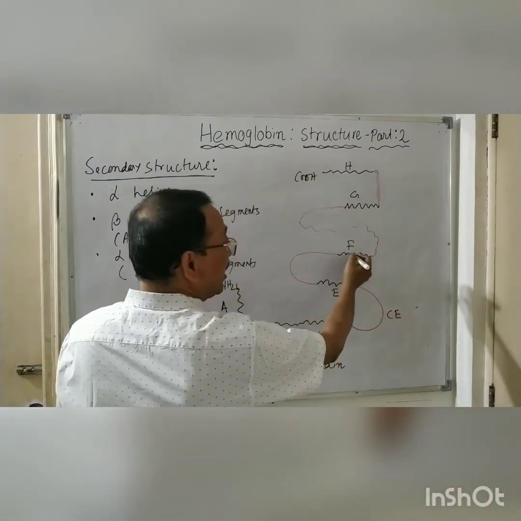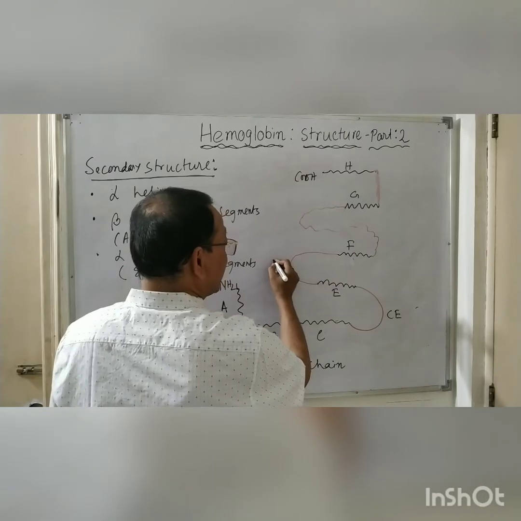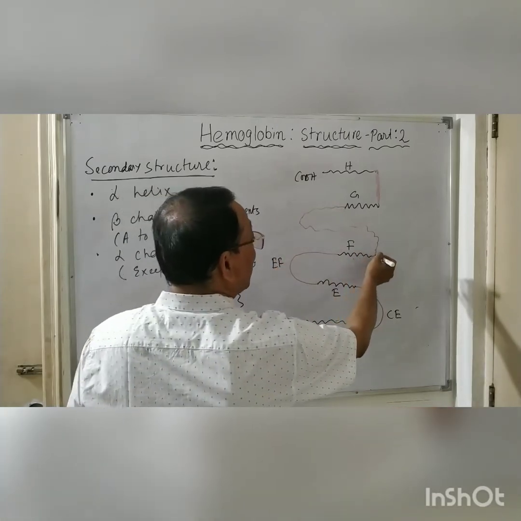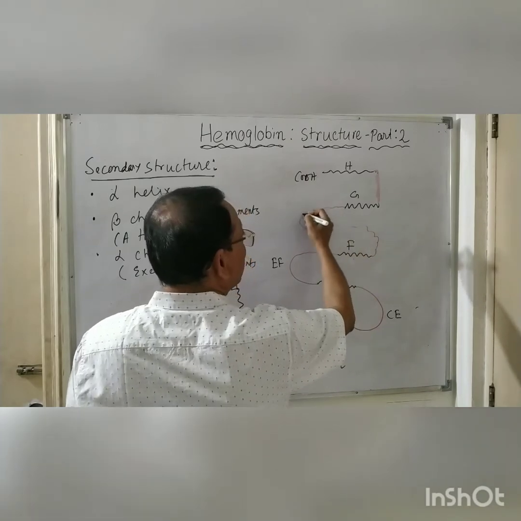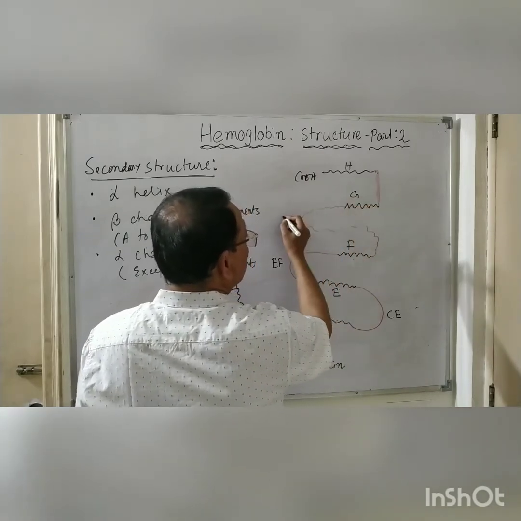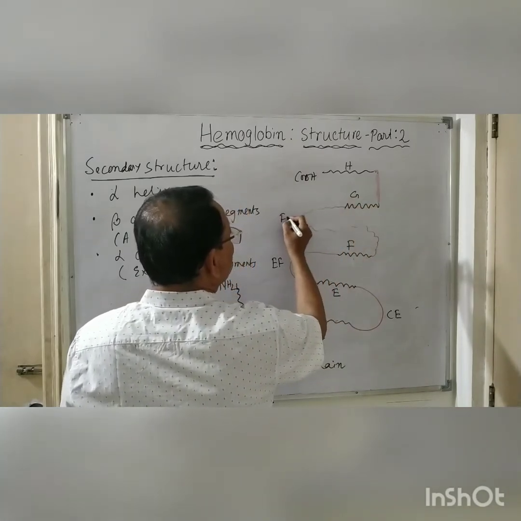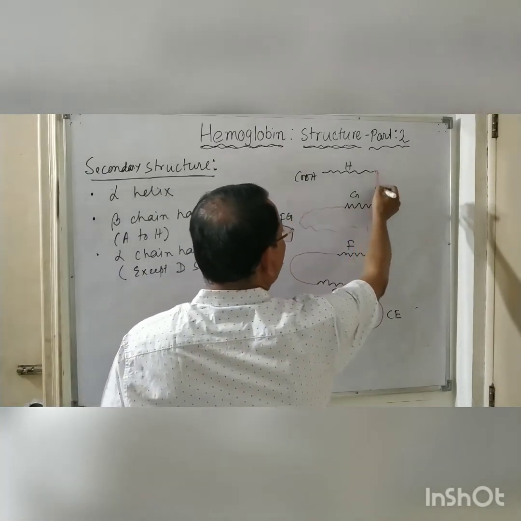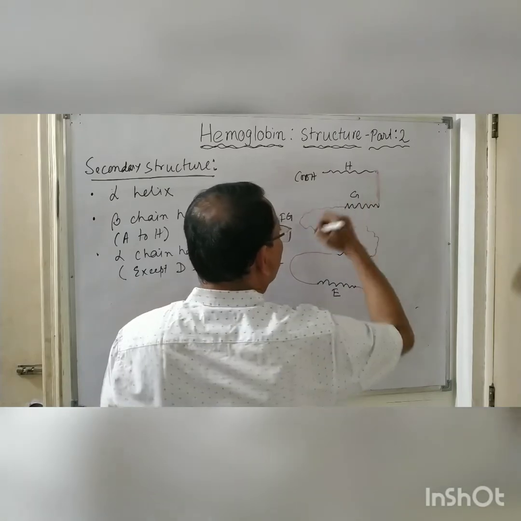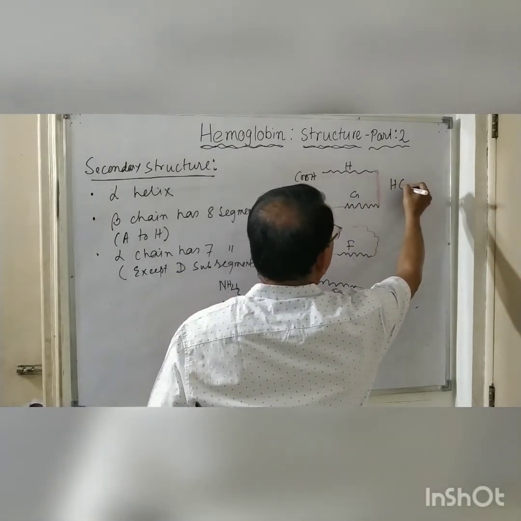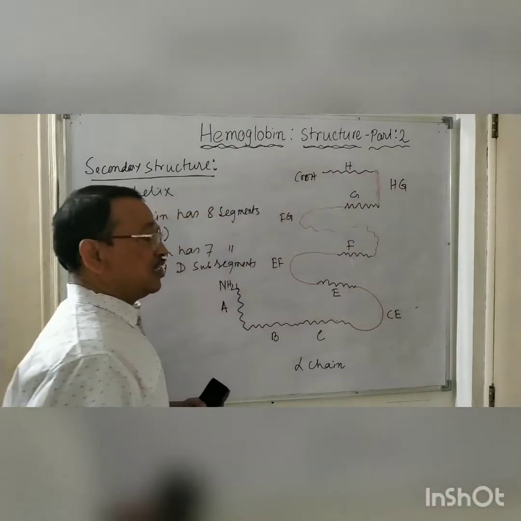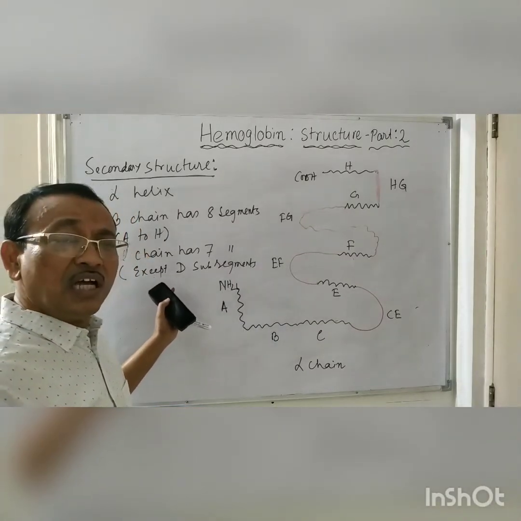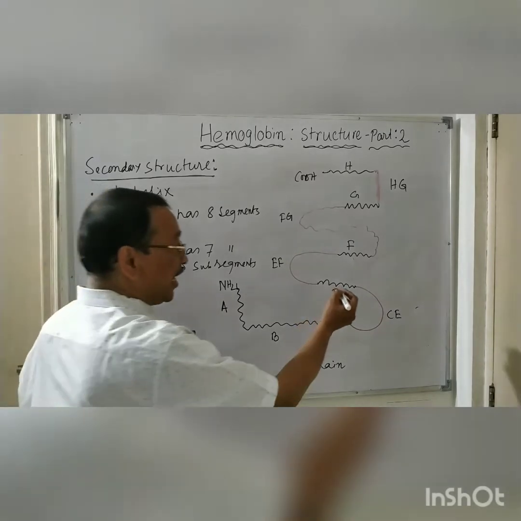Then E and F are joined by a loop known as the EF loop. Then F is joined with G by the FG loop. And then G and H are joined with a short segment known as the HG.